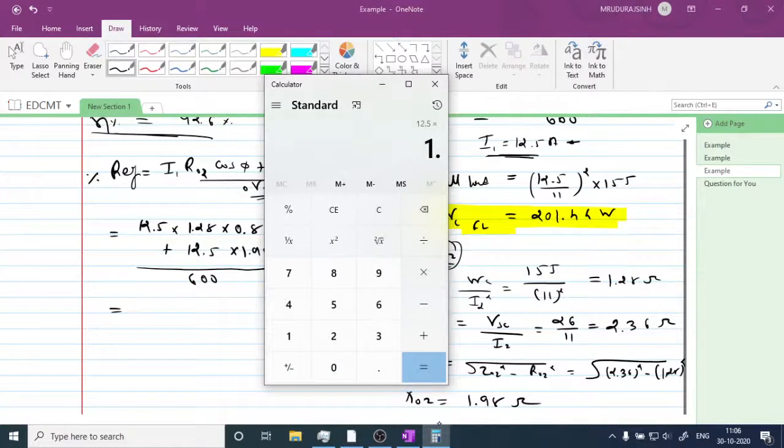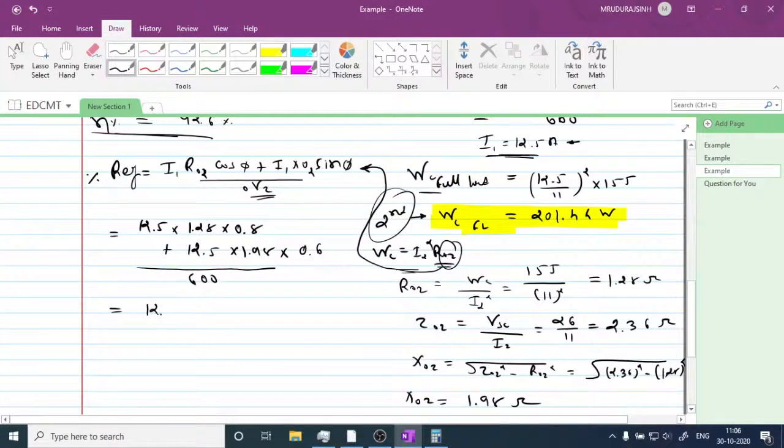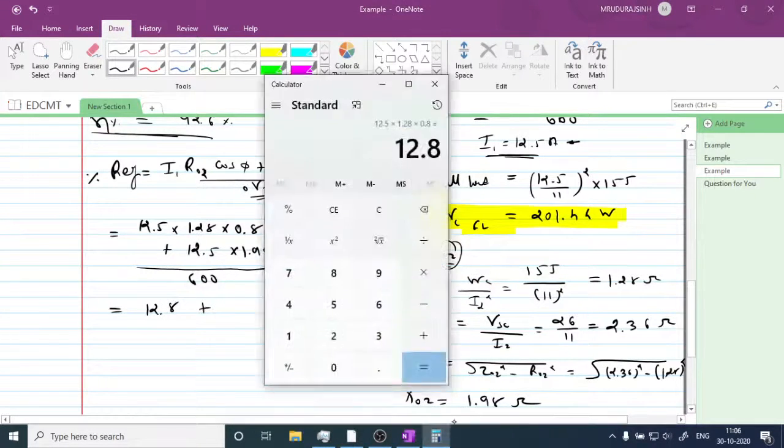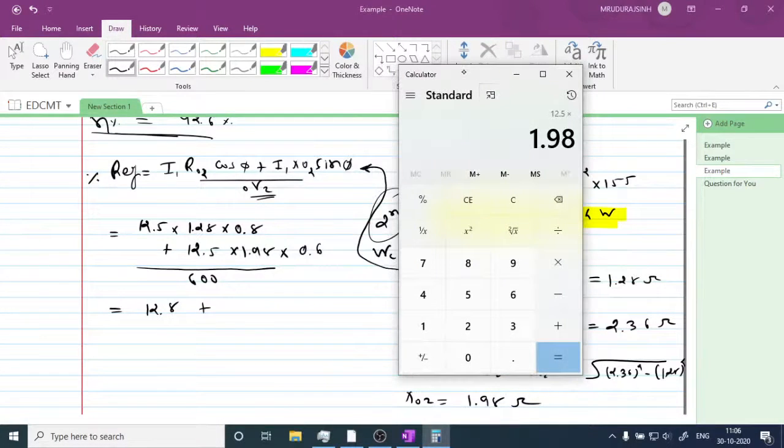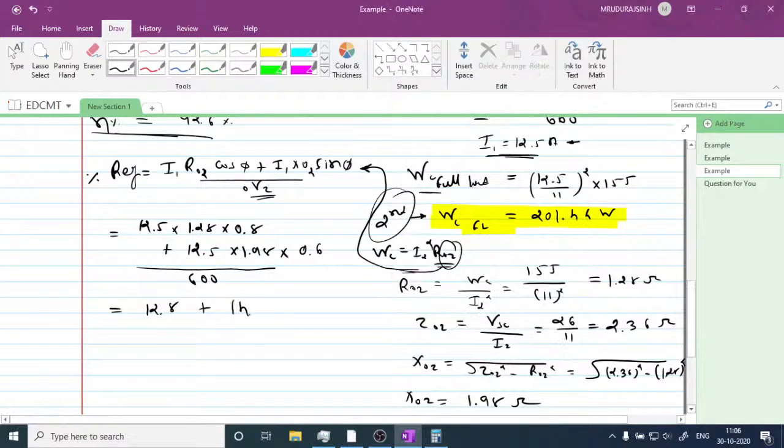12.5 into 1.28 into 0.8 gives us 12.8, plus 12.5 multiplied by 1.98 multiplied by 0.6 gives us 14.85, divided by 600.